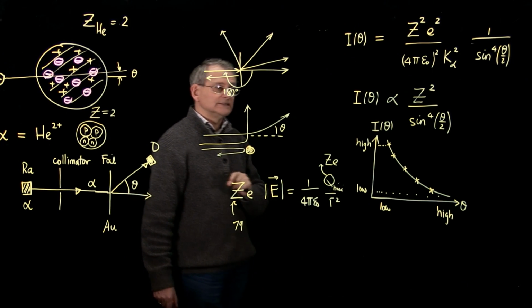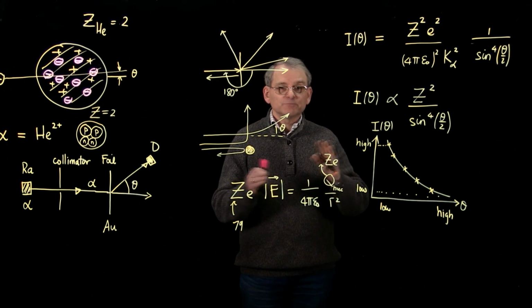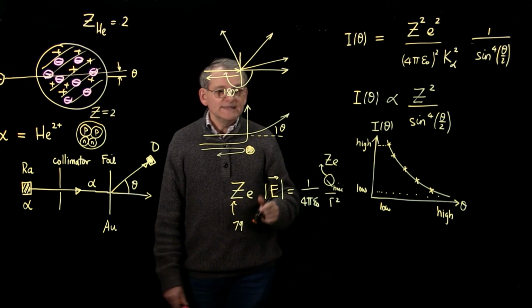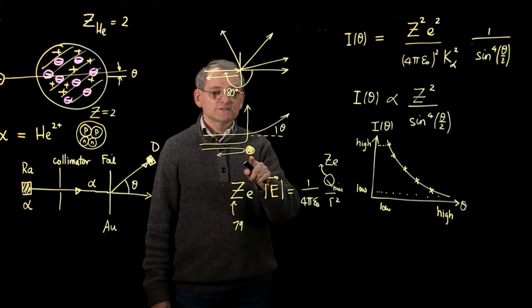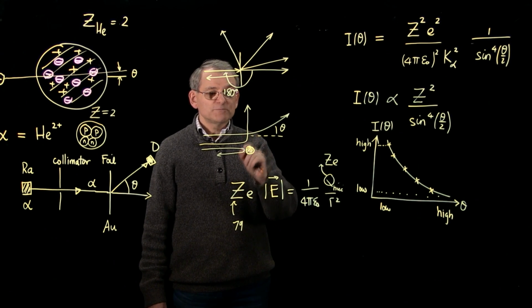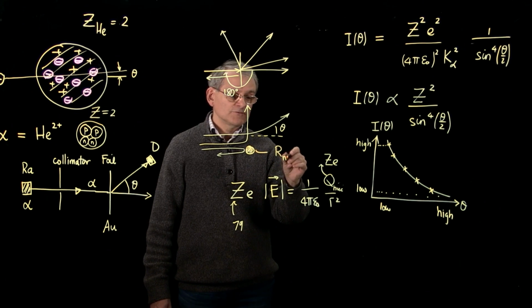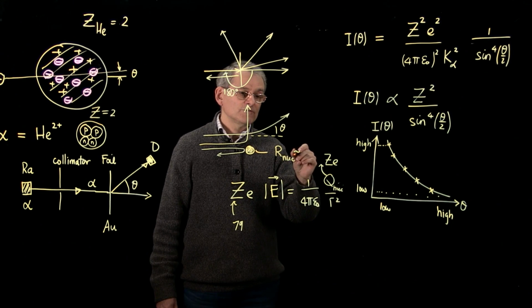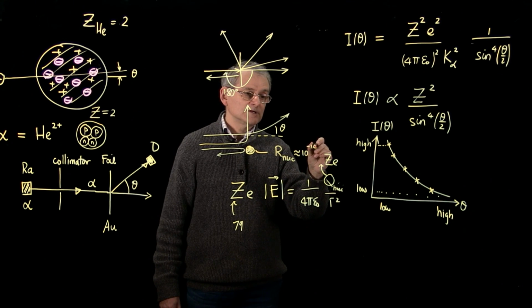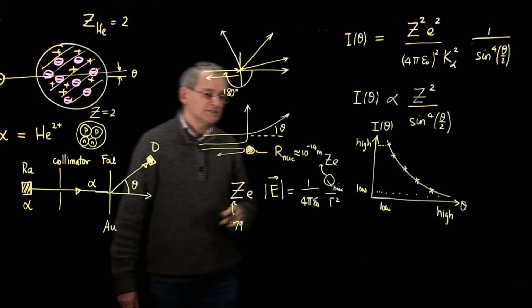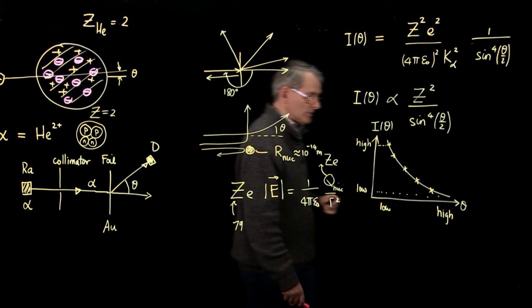So what Rutherford then said is, in order to explain this result, there needs to be a compact nucleus, a region of space which contains all the positive charge and most of the mass. And this is the radius of the nucleus, which is of the order of 10 to the minus 14 meters. So this is the beginnings of the Rutherford model of the atom.